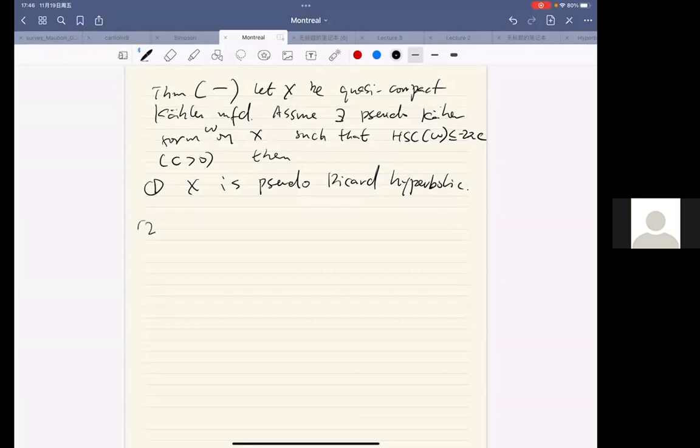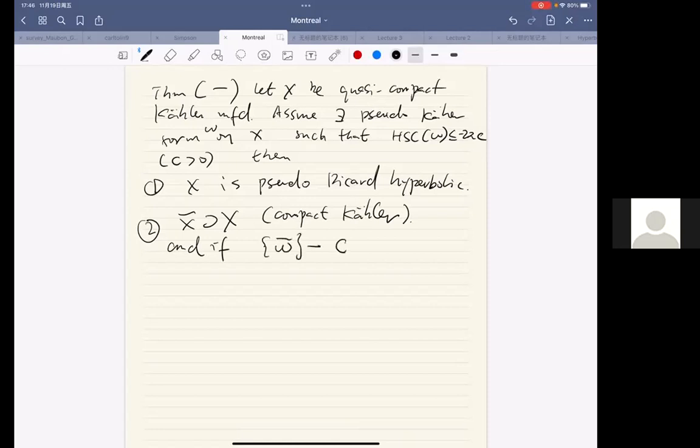Okay, and moreover, if X bar is a Kähler compactification of X, then, as I first write and then explain the notions, the compactification is also pseudo-Picard hyperbolic.